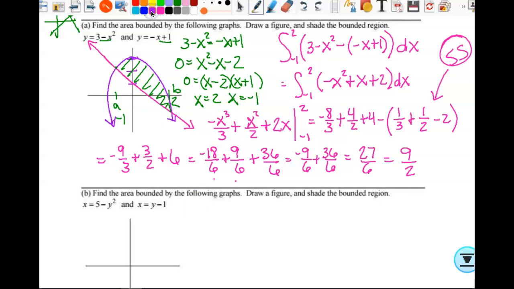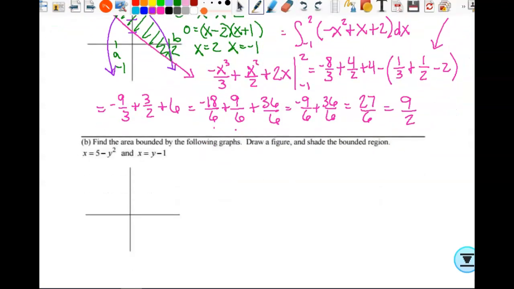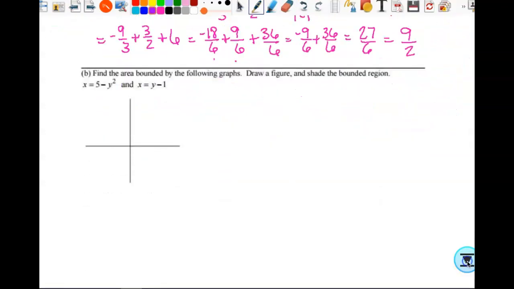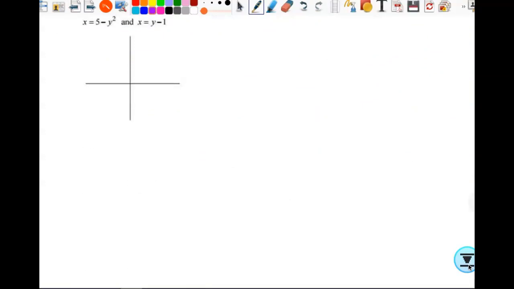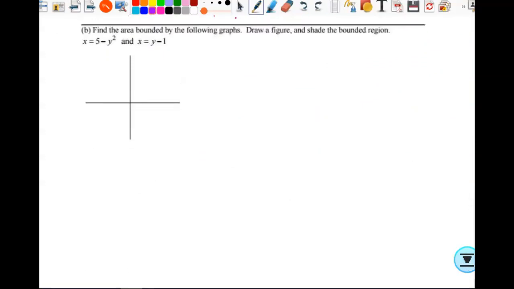So let's look at number B. All right, so I have x equals 5 minus y squared. We could change this and solve for y, but if you have y squared instead of x squared, what has happened to your parabola?